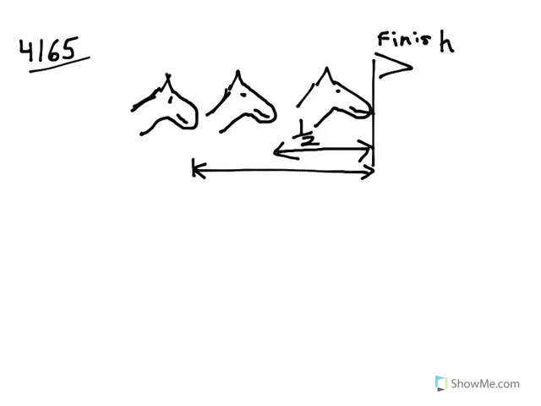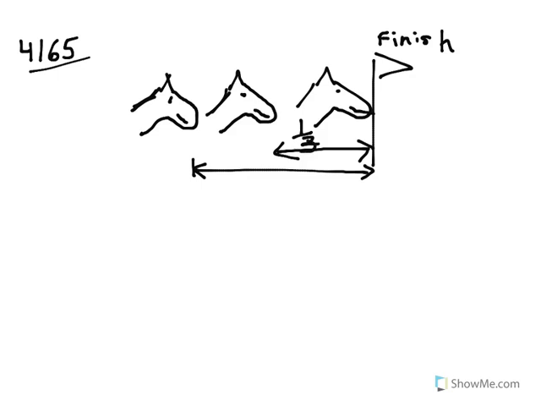And then what else do we know? Well, we know that the difference between the winner and number 2 is a third, and it's a half a length between the winner and number 3.